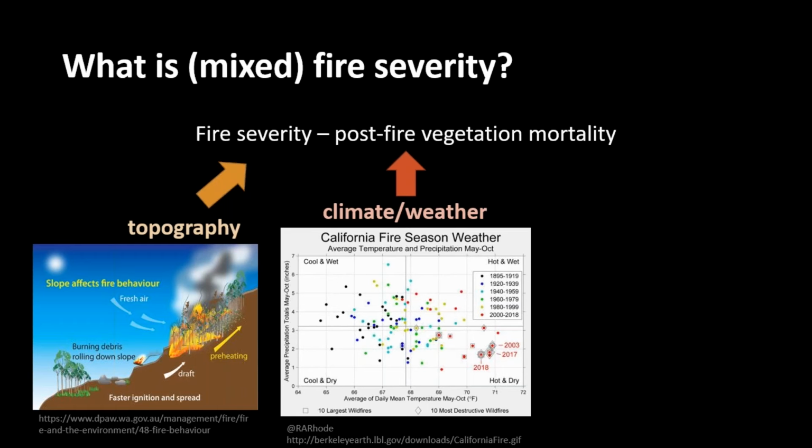Here in this graph, we have a sort of climatic map of temperature on the x-axis and precipitation on the y. What they've done is map the fires on this climate map from the late 1800s in California to present.